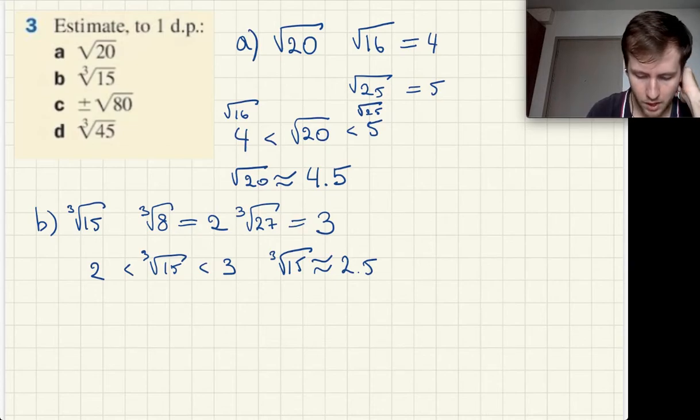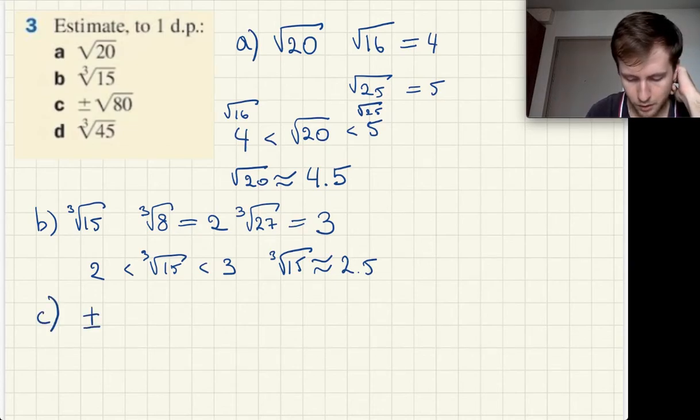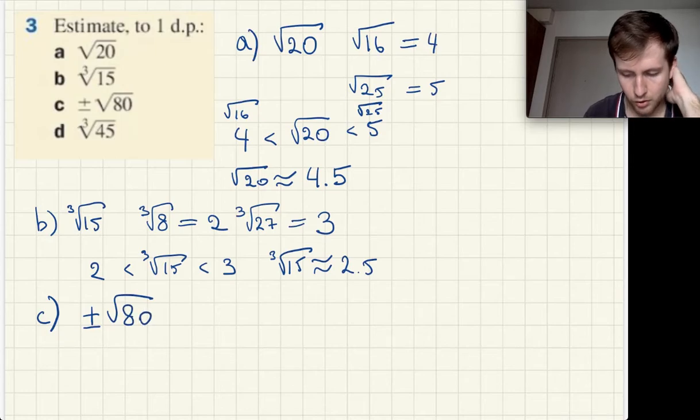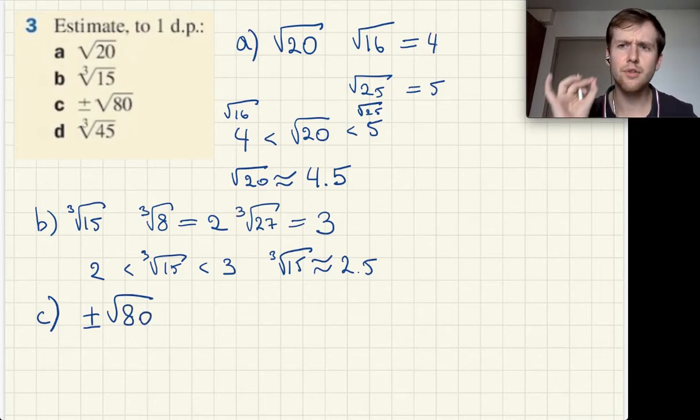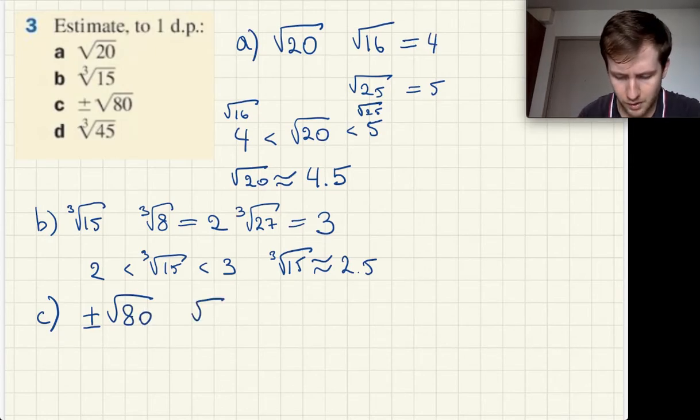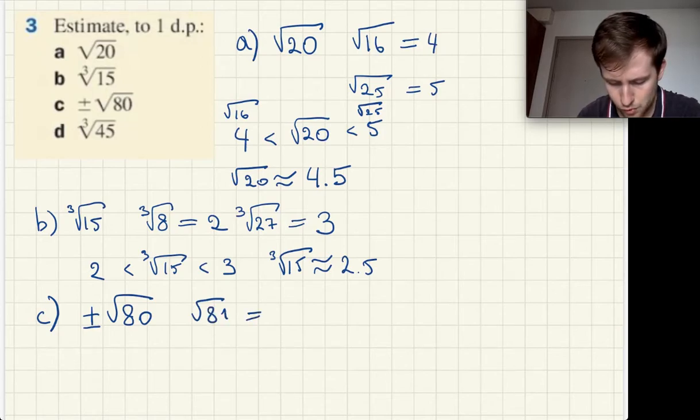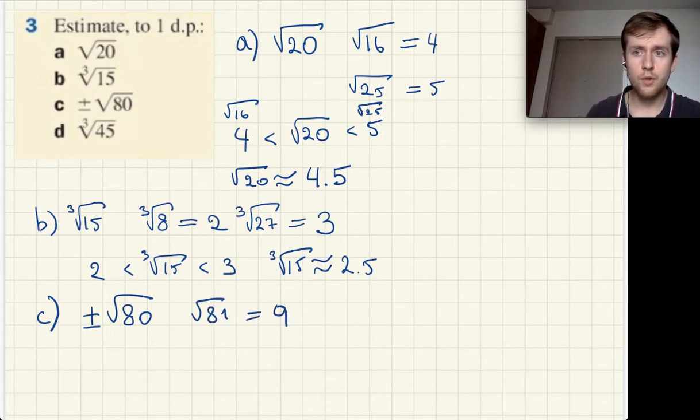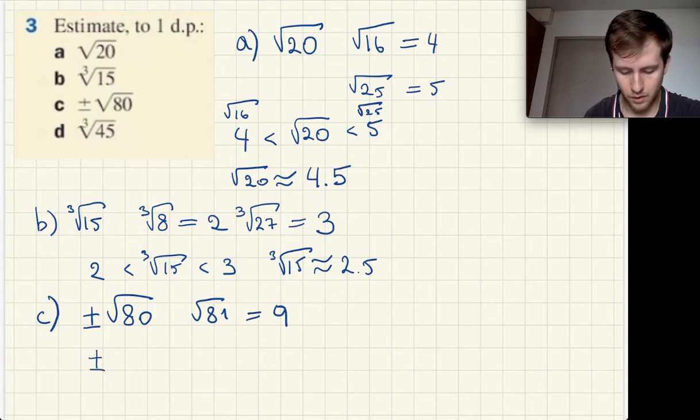In C, we have plus minus square root of 80. Okay, this one's easy. This one's really close to square root of 81, which is equal to 9. So if I were to estimate, I would actually say it's something like 8.95, which would give us a very close estimate. And actually, it's going to be plus minus.